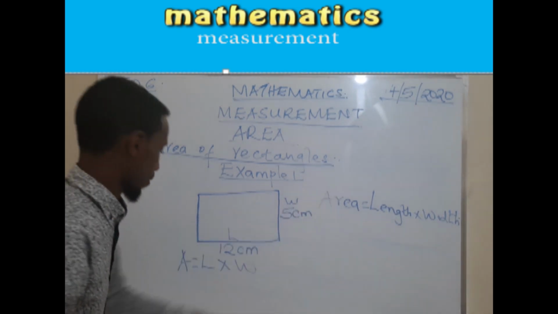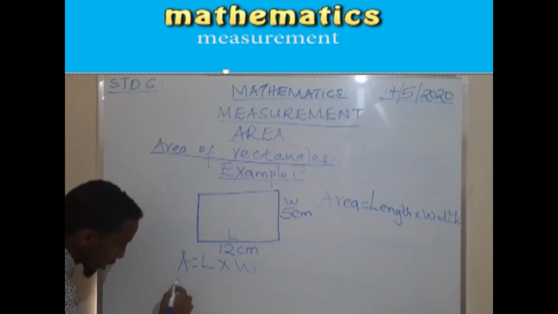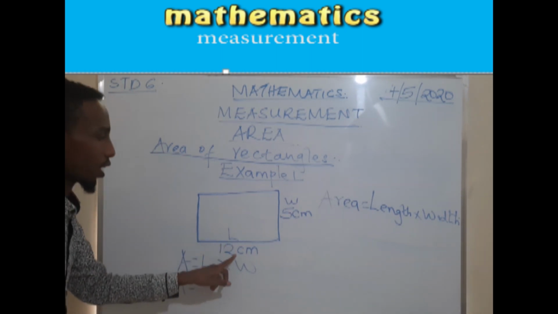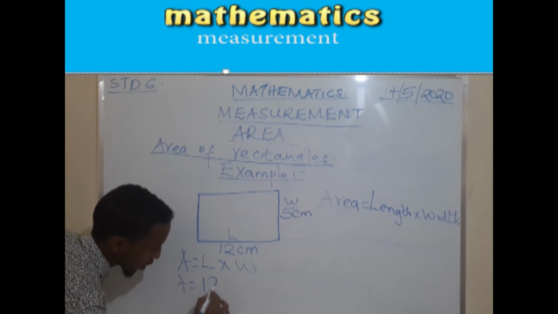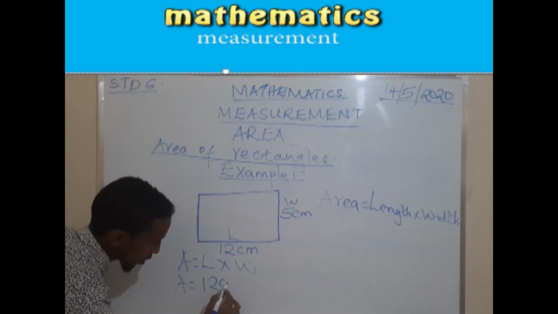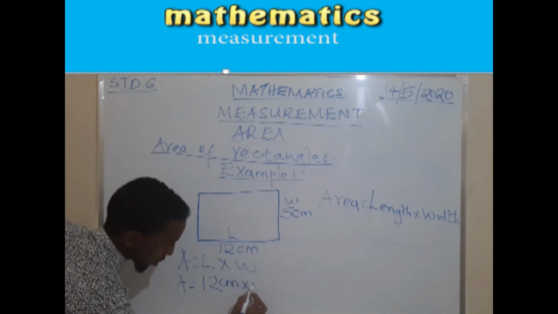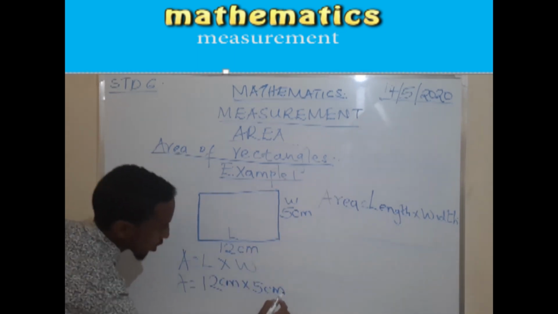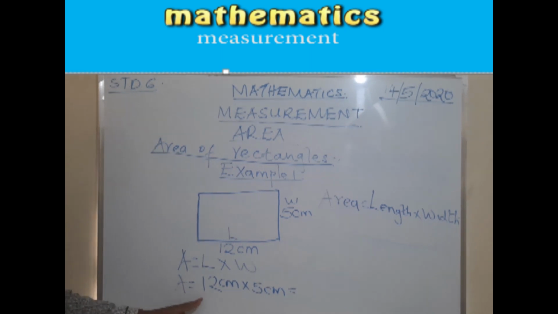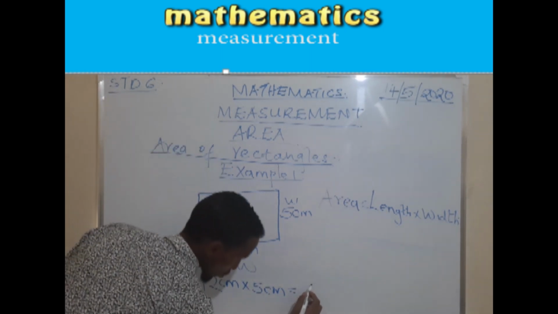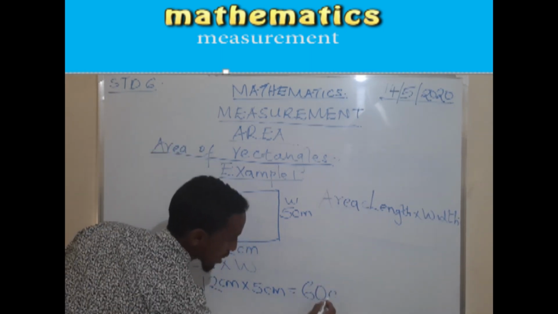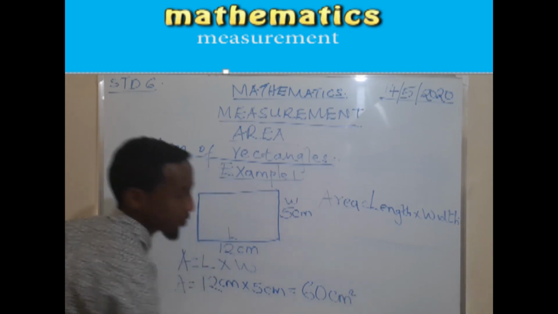So what is our length? Our length here is 12 centimeters times 5 centimeters is equals to 12 times 5 is 60. So we say 60 square centimeters.